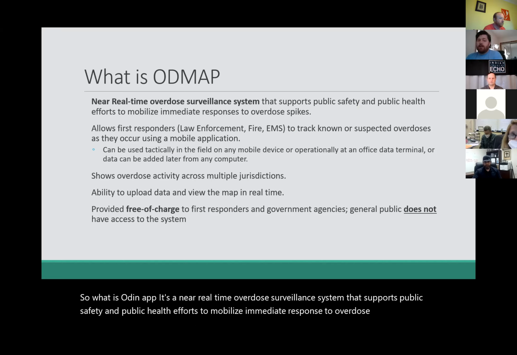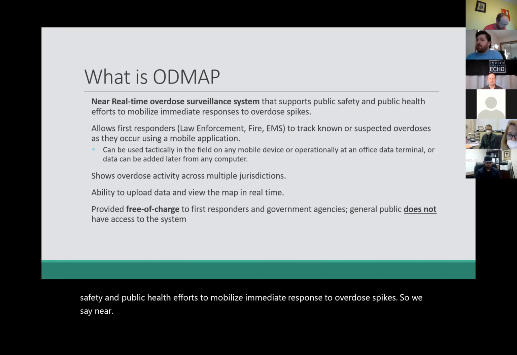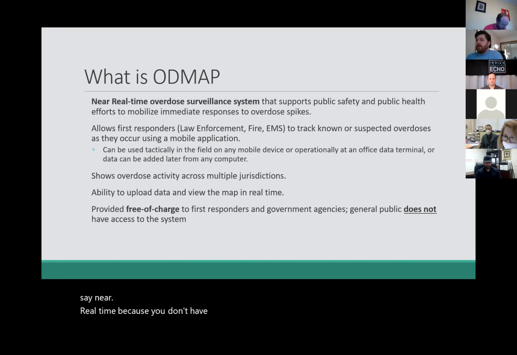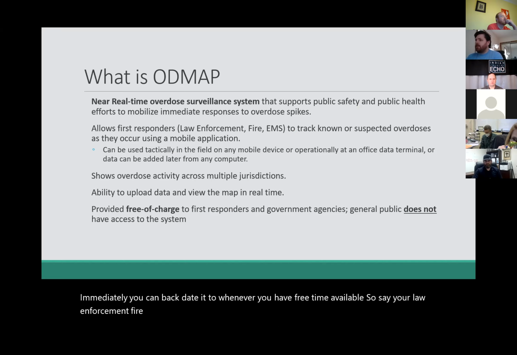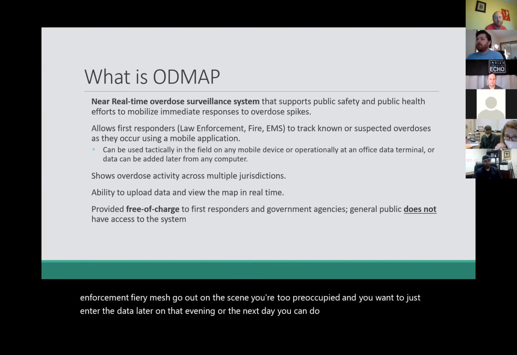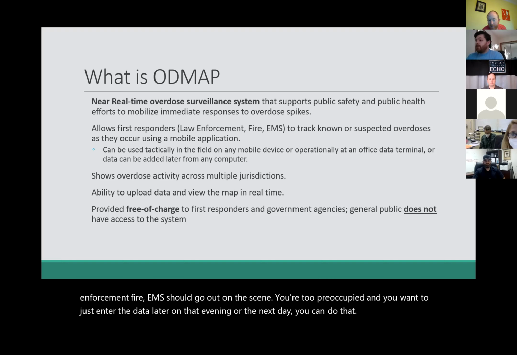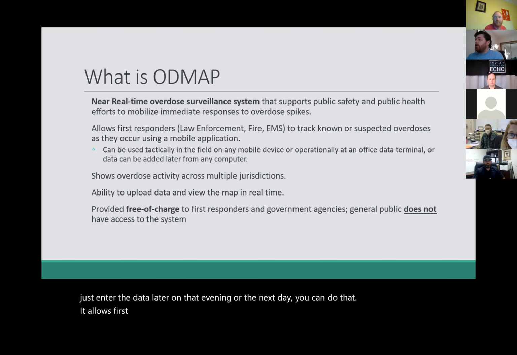We say near real-time because you don't have to enter the data immediately. You can backdate it to whenever you have free time available. Say you're law enforcement, fire, EMS, you go out on the scene, you're too preoccupied and you want to just enter the data later on that evening or the next day, you can do that. It allows first responders to track known and or suspected overdoses as they occur.